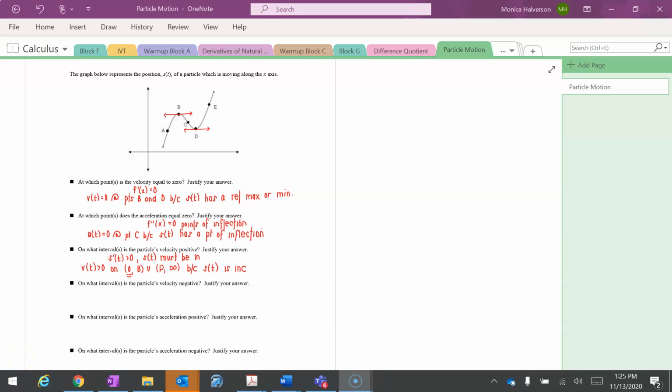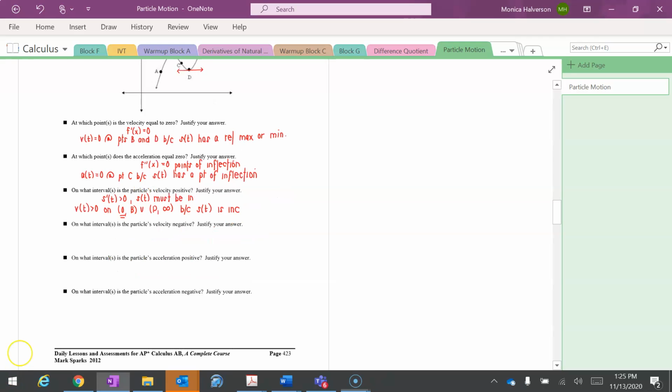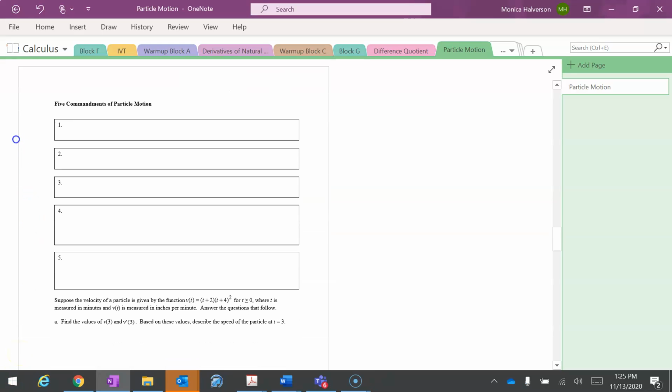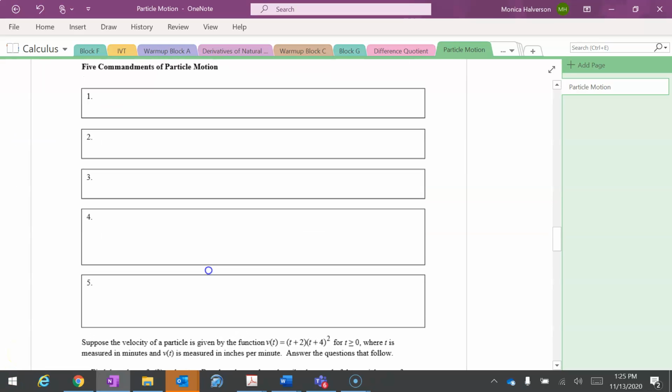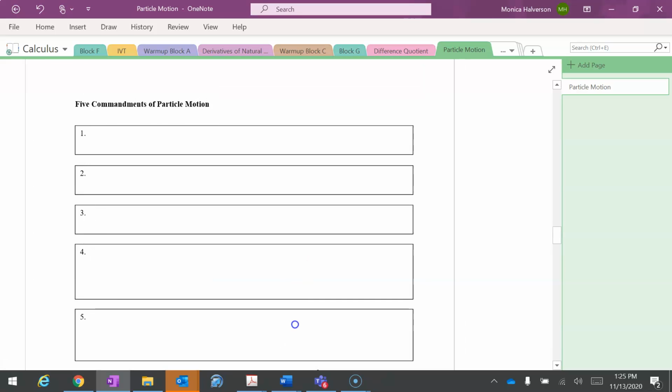So now that we've been able to make connections between the first and second derivative tests with particle motion, we want to talk about the 5 commandments of particle motion. So these are commandments that you will always want to remember, always.